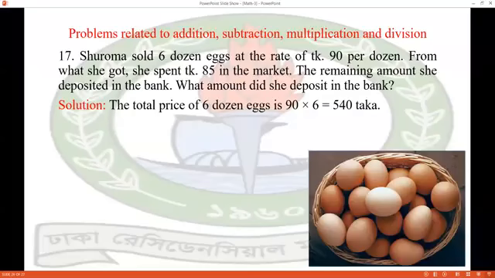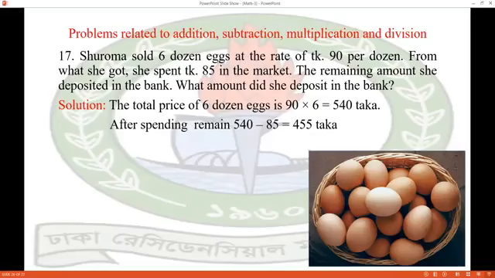The solution: the total price of 6 dozen eggs is 90 multiplied by 6. So the total is 540 taka. From this, she spent 85 taka in the market. So you have to subtract the 85 from the total taka.